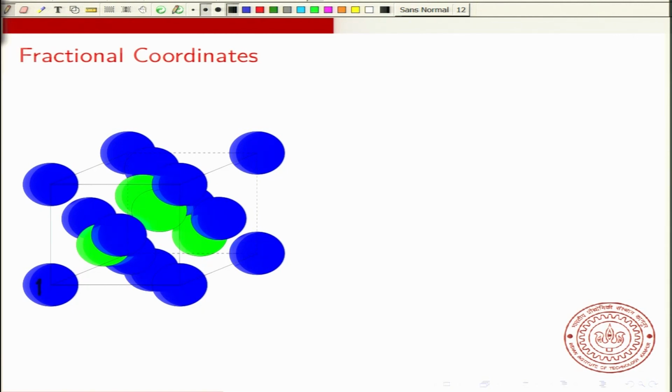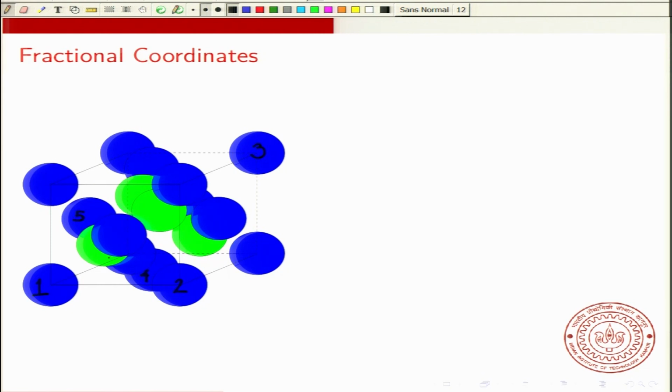let me label a few atoms. Let me call this 1, I will call this atom 2, I will call this corner atom as 3. I will label only a few of the atoms. I will label this face center atom as 4. This is at the bottom face. I label this face center atom as 5.